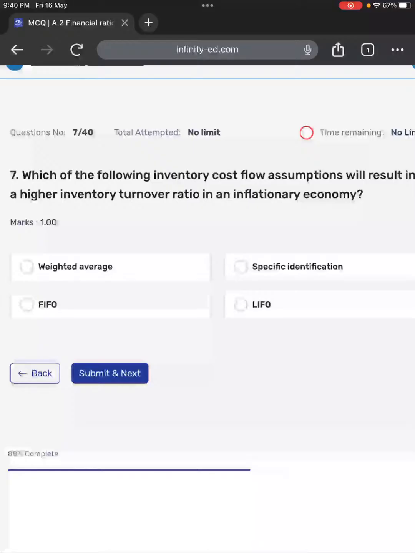What will be the reason of inventory increase? Whatever inventory we are showing in our books of account will be higher. FIFO, LIFO, and specific identification: this is simple LIFO. Last stock purchased we sell first. Last in, first out means LIFO.